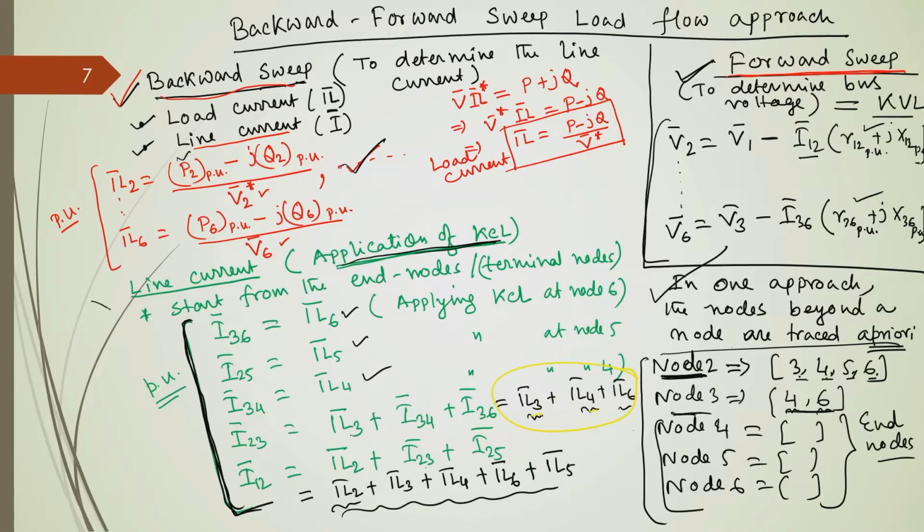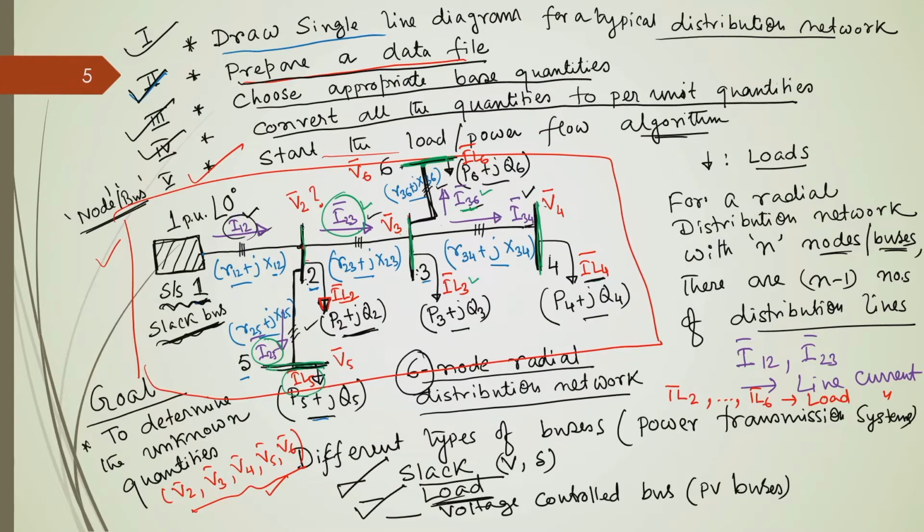This one has to understand, and as I said, the computation of the line current is the main challenge of writing a generalized program code for this forward backward sweep load flow algorithm. One can do it by tracing out how many nodes are beyond a particular node. Once you trace down that nodes 3, 4, 5, 6 are the nodes beyond node 2, this is very important, because if you look at the system from this particular node, the power is flowing through node 3, 4, then 6 and also 5.